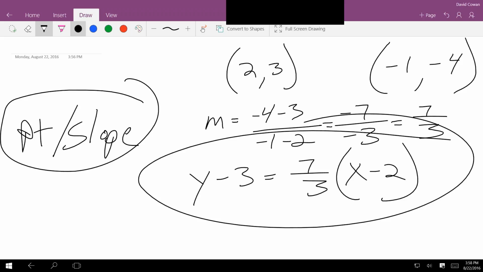What is it in slope intercept format? What's the next line?